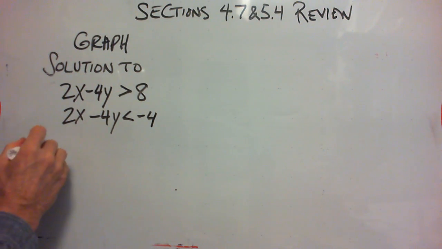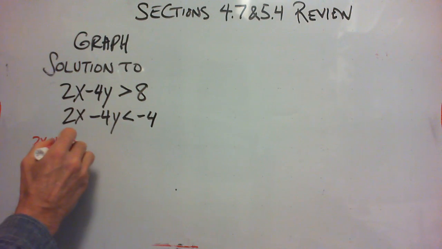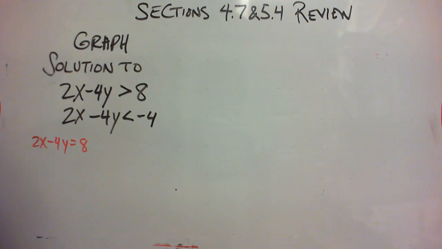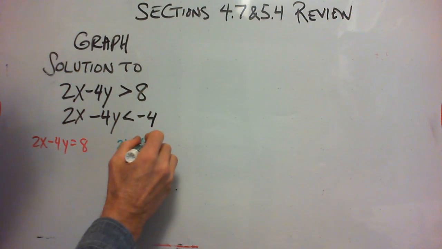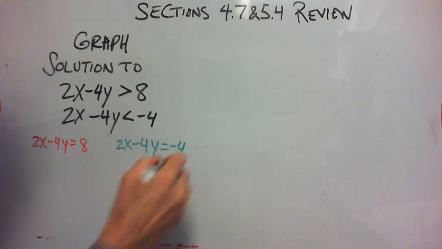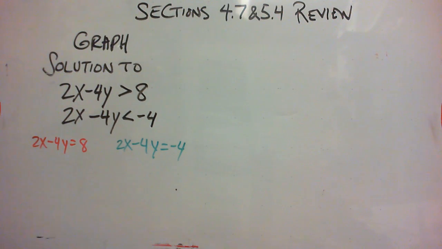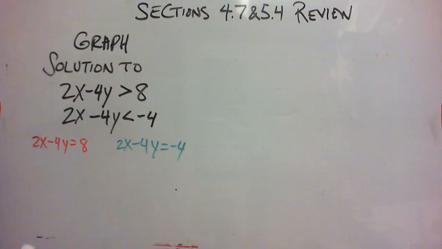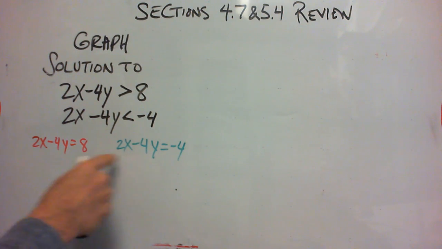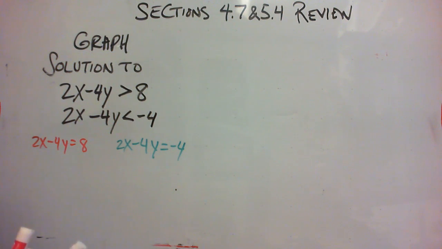You're going to have 2x minus 4y equals 8 as one boundary line, and 2x minus 4y equals negative 4 as my other boundary line. And you're going to use dashed lines this time because it's strictly greater than, strictly less than. So why don't you try and plot the boundary lines, figure out which side to shade those sides, and see what the solution to this is.